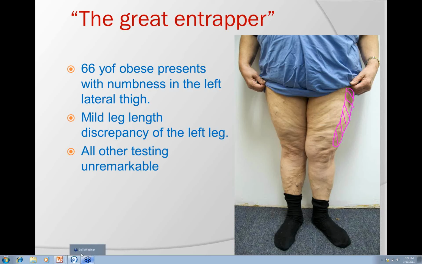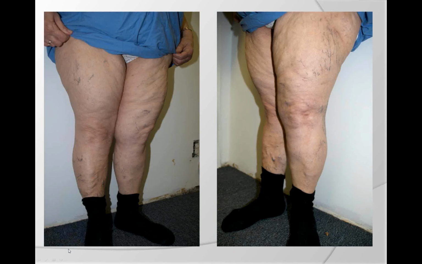In other words, entrapment of the lateral femoral cutaneous nerve. And it's interesting here to see that the left knee is slightly flexed.